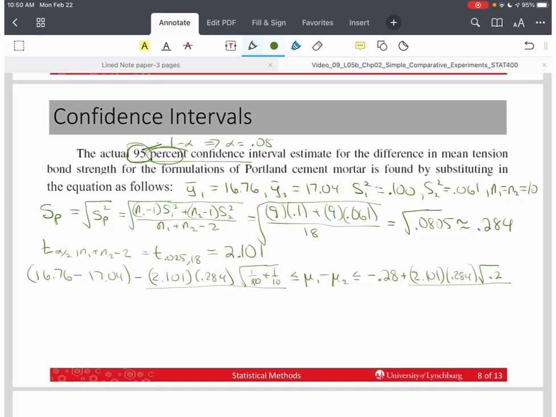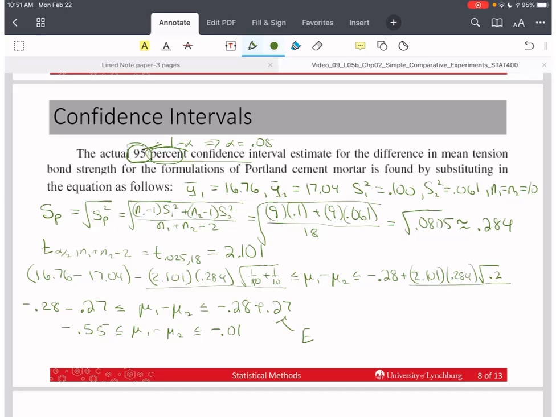So this is negative 0.28 minus 0.27, and so mu1 minus mu2, this will be negative 0.28 plus 0.27, and this gives us mu1 minus mu2 between negative 0.55 and negative 0.01. Okay, and so again, E is 0.27.